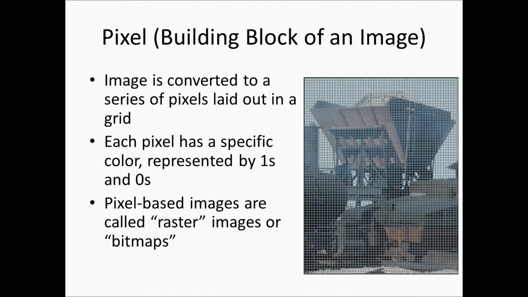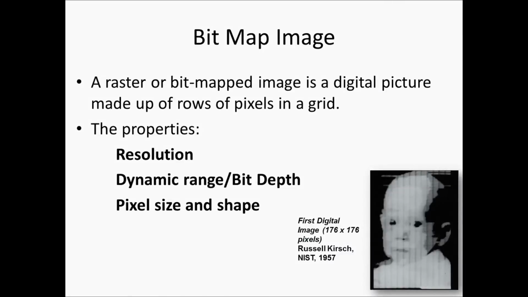We're going to talk about the difference between a pixel-based or raster image versus another kind, a vector image, in just a minute. A raster or bitmap image is a digital picture made up of rows of pixels in a grid.